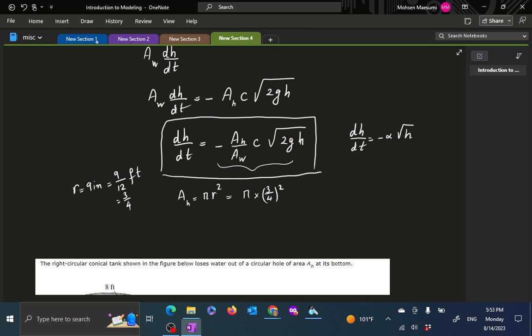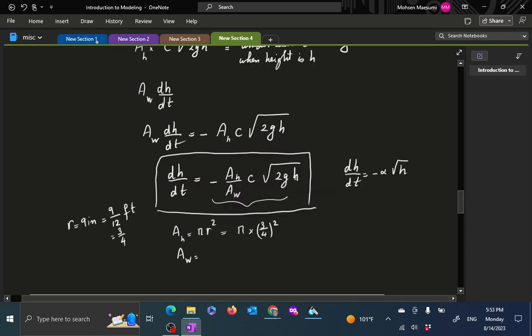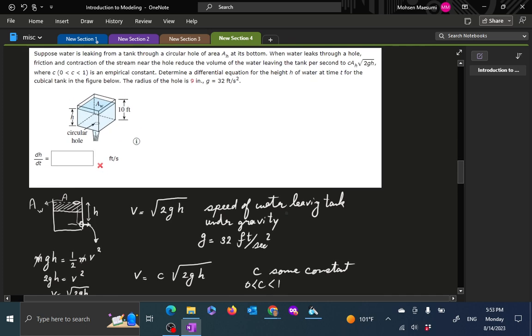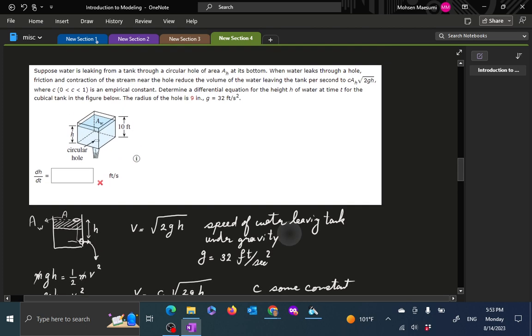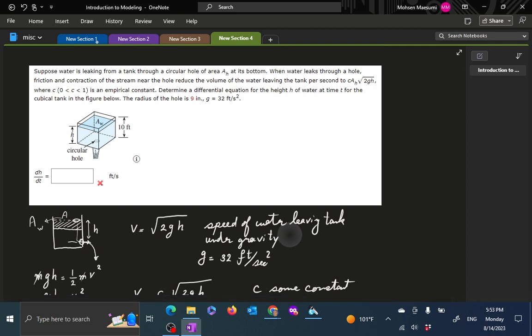What else do we need? We need the area of the tank itself. What's the area of the tank? Am I missing something?